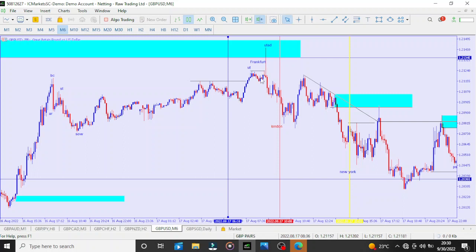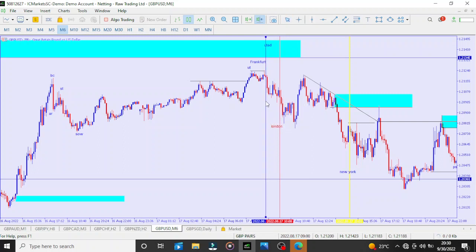At this point, 7 a.m. UK time, Frankfurt opened and manipulated these equal highs and grabbed the liquidity and continued going down.